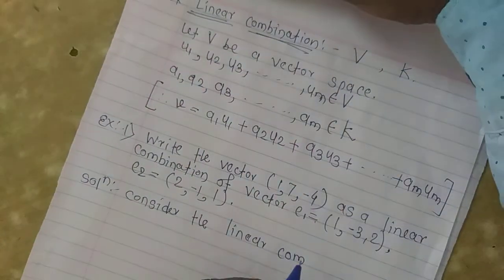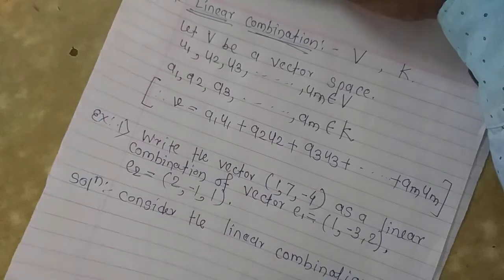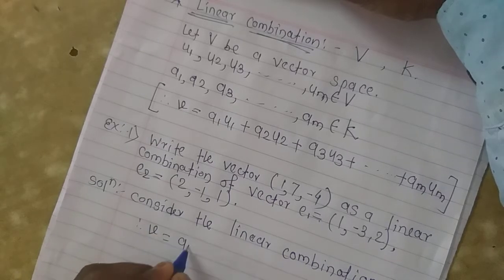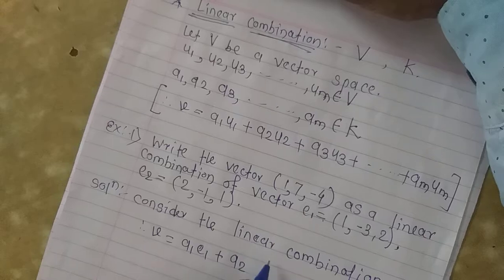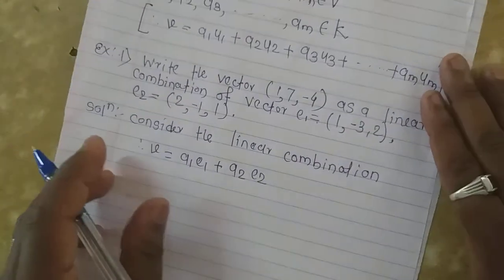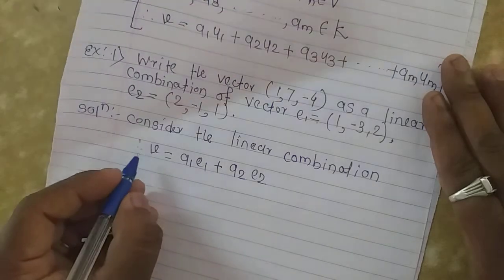Consider the linear combination: small v is equal to a1 e1 plus a2 e2. Then substitute the values of e1, e2 and small v.